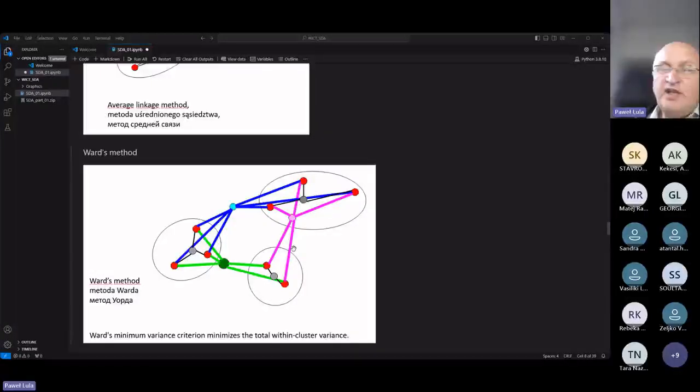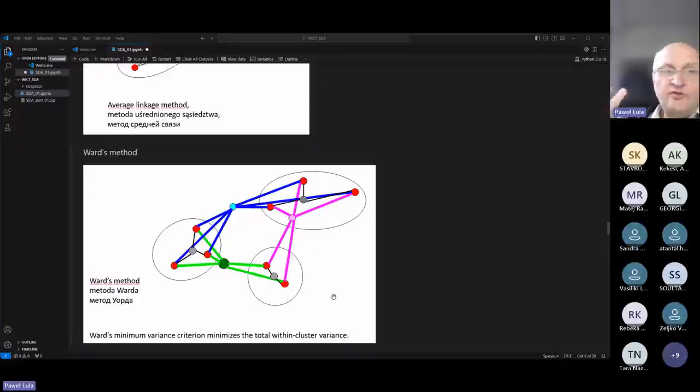And the third possibility, we can join these 2 clusters. Then the point which we have in the middle of this data set is here, this blue one. And these blue lines represent distances.